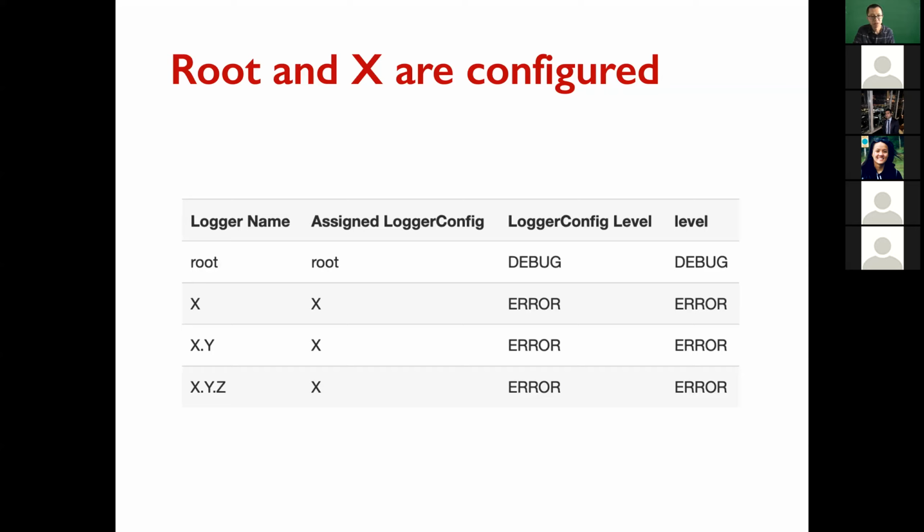So for the root logger, we configure the debug level. For the x logger, we configure the error level. So x, x.y, and x.y.z would inherit the error log level.